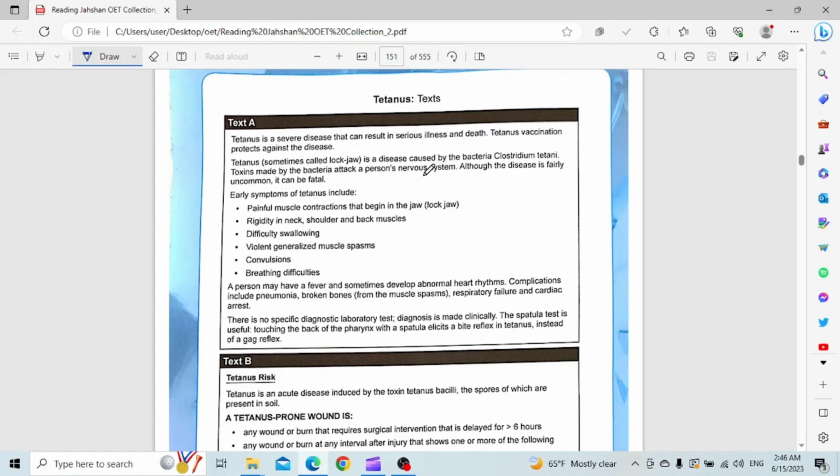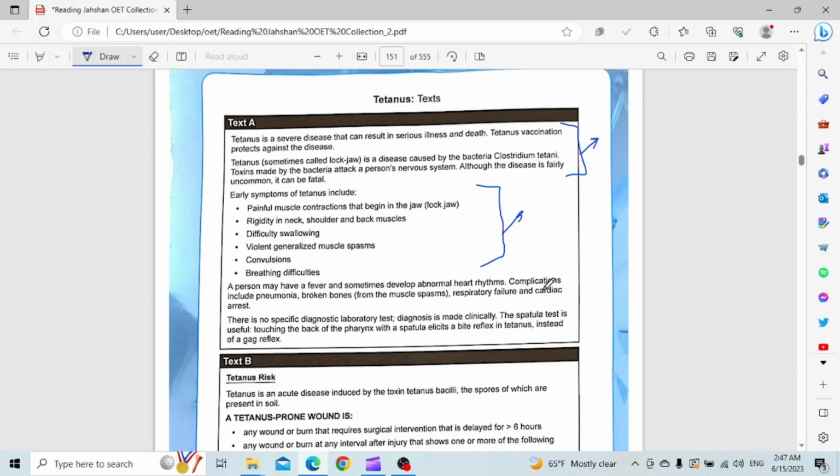What I mean is this: tetanus is a severe disease. This is the definition and the cause, bacteria. This is the first one. Then I go to early symptoms of tetanus. I can give all of this the title of symptoms, right?